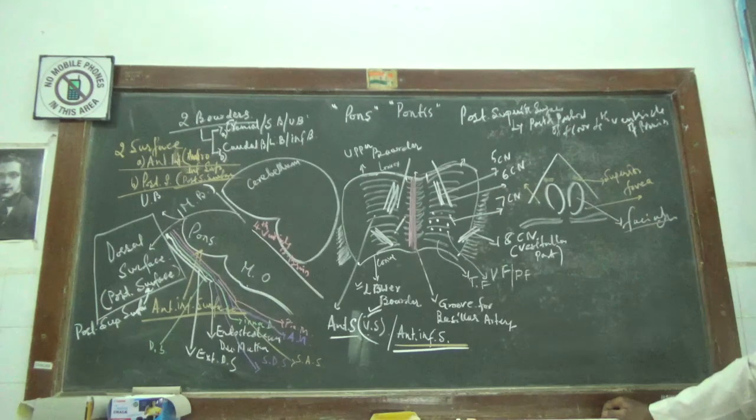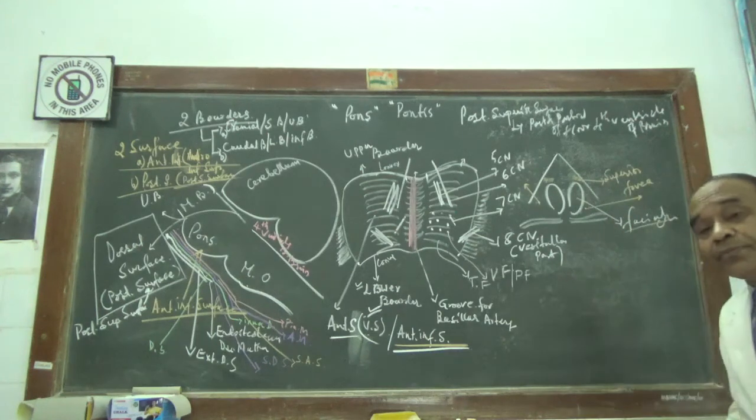It forms part of the brain stem. Second, the pons forms part of the hindbrain. Third, it forms the floor of the fourth ventricle along with part of the midbrain and the posterior surface of the medulla oblongata. One has to remember.